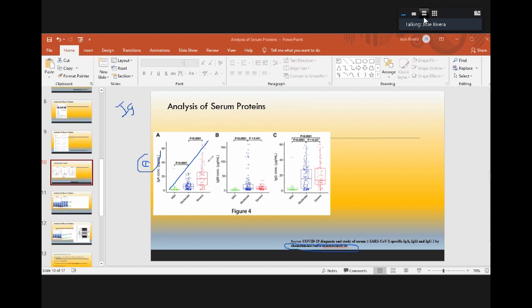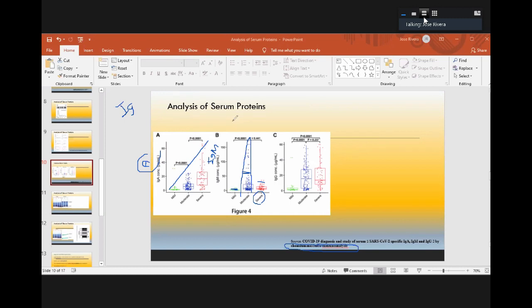And in here, this is a little different. This is IgM. You can see in severe cases they didn't increase too much, and in mild cases they didn't increase at all. And then for some reason, in moderate cases, they have slightly higher levels of IgM.